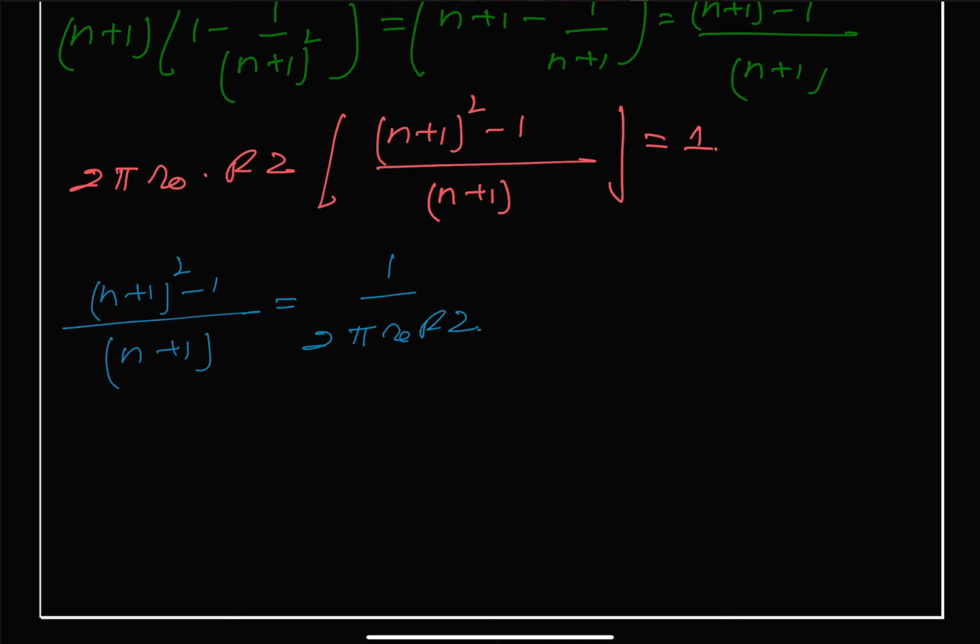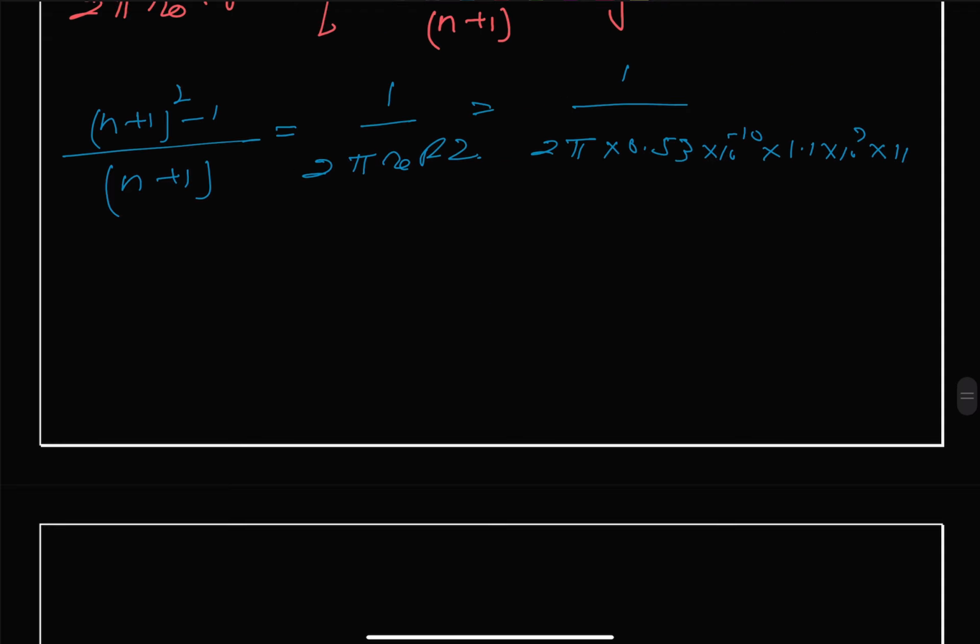And now we can just simply substitute the values. This will be equal to 1 upon 2 pi. r naught is 0.53 into 10 to the power minus 10, and the value of R is 1.1 into 10 to the power 7, and z is given as 11.